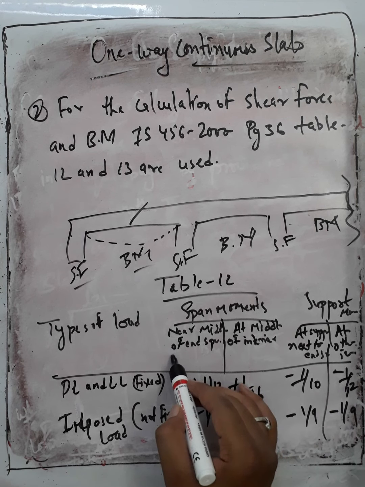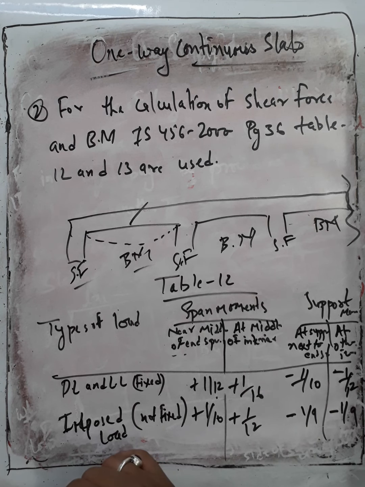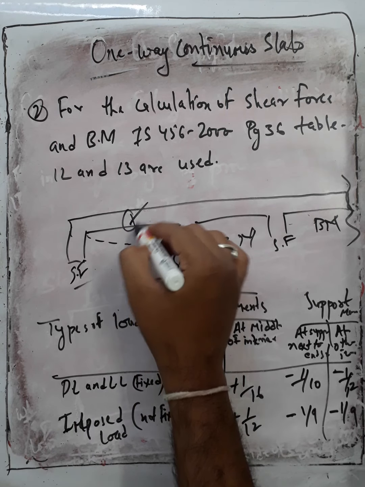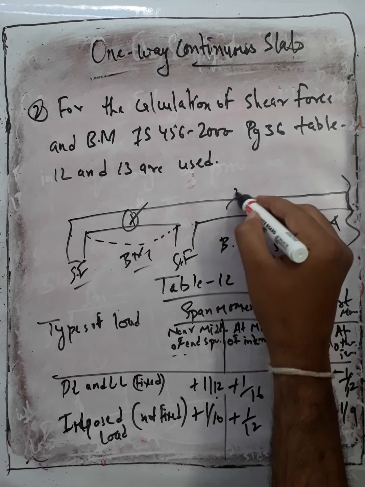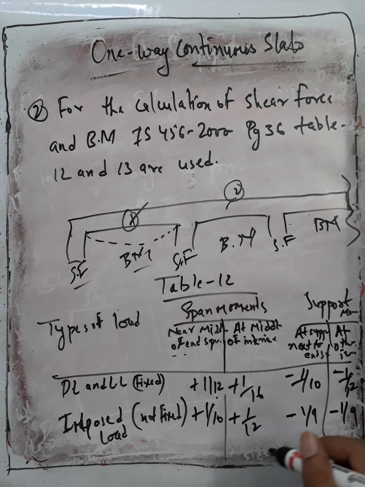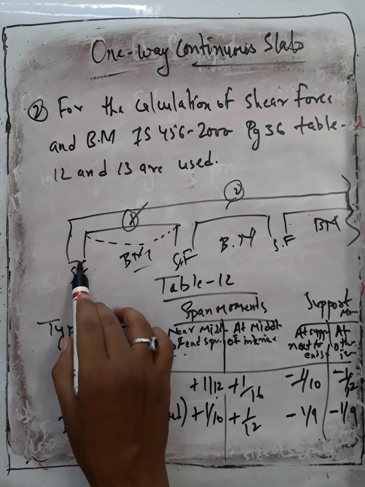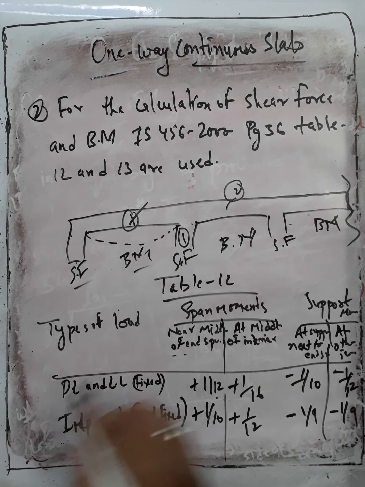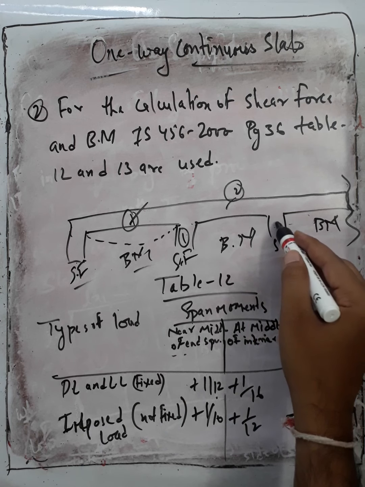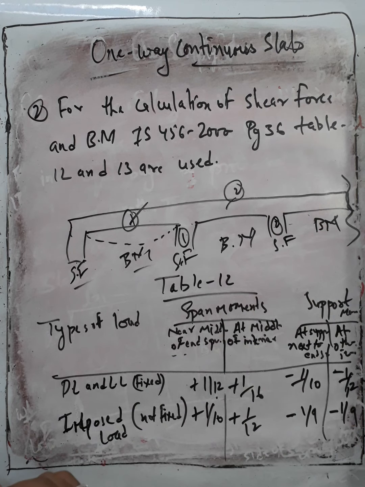So near middle of the end span means that is the point. At middle of interior span means this is the point. At support next to the end support, so this is our end support, and at support next to the end support, that is this support, and at interior support, so this one is the interior support.